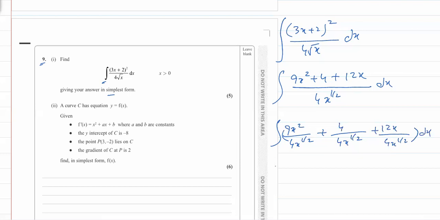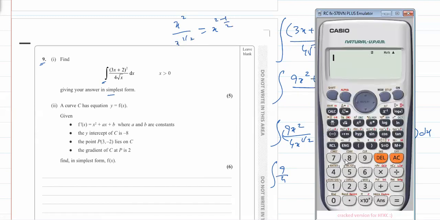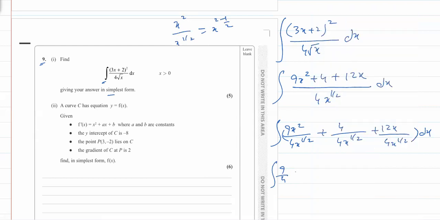Now what will this become? This will become 9 over 4 and x² over x^(1/2). I can write it as x^(2 - 1/2). So 2 minus 1 over 2, what will it be? It will be 3 over 2. It means I can write it as x^(3/2).